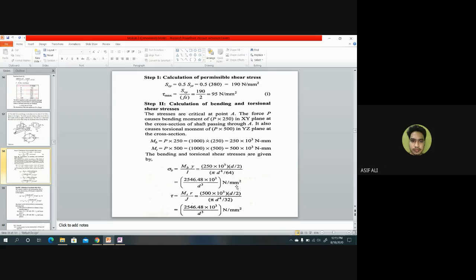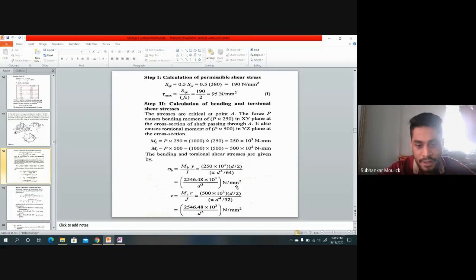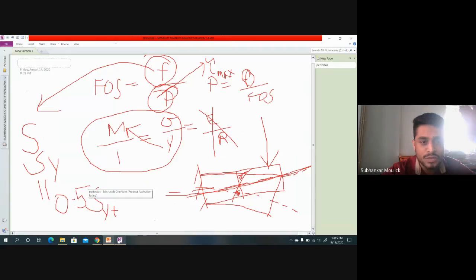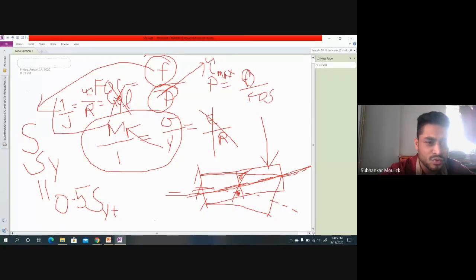No, sir. Next, we have to find out the value of shear stress. For that, we will be using the torsion equation, and that torsion equation is T by J equal to tau by R, which is equal to G into theta by L. Since nothing has been told about G, theta and L, I will ignore this third term and take the first two terms.